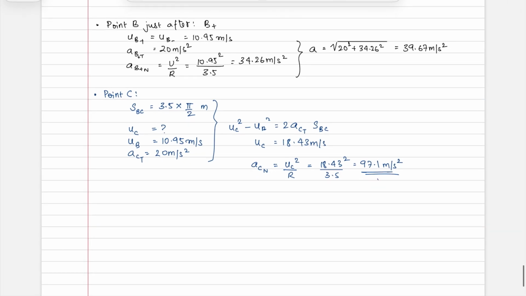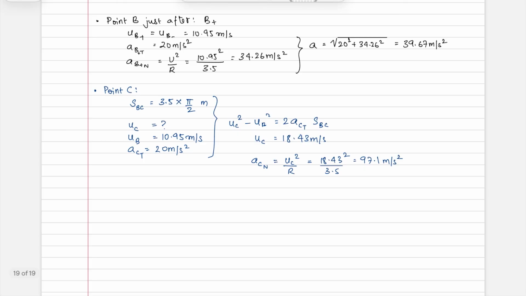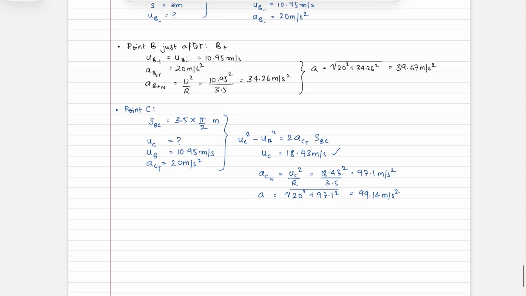Well, that's not the final answer. The acceleration which was of interest is the net acceleration, which is now again root over 20 squared plus 97.1 squared, which is going to give you 99.14 meters per second squared.